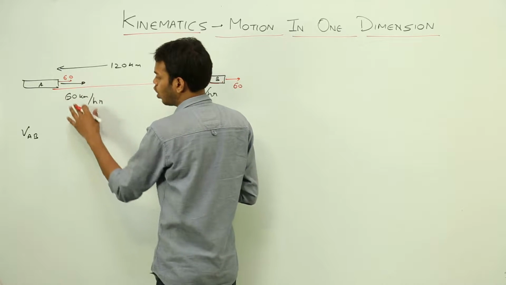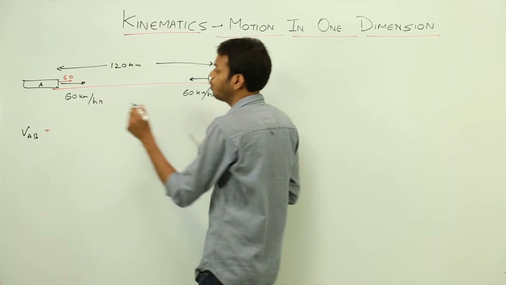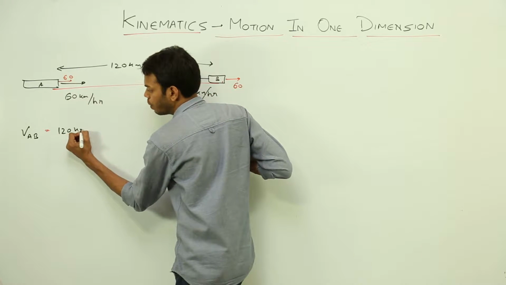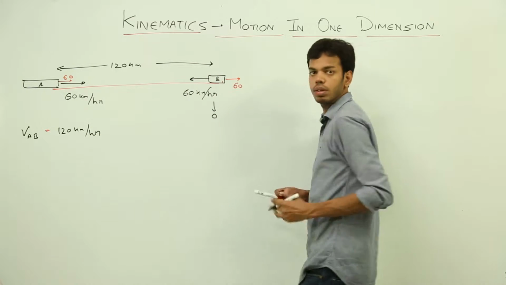So the net velocity of A remains what? It becomes 120. It was already moving with 60, and with the application of another 60 it is moving with 120 km per hour, and train B is now at 0, right?